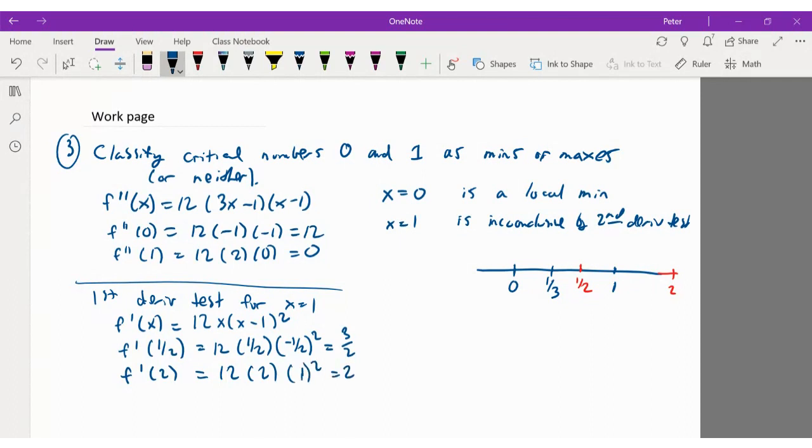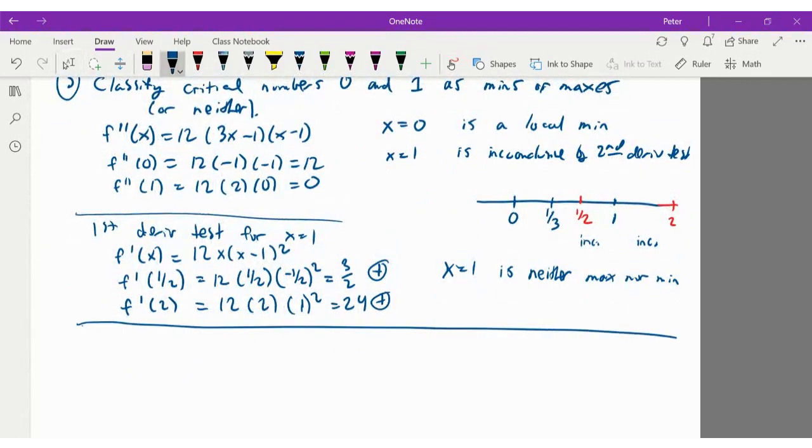So that's going to be 24. So we can see that it's positive on both sides of the critical number 1. It's increasing here and it's increasing here. So that gives us that x equals 1 is neither max nor min.